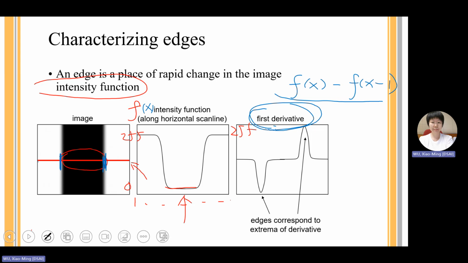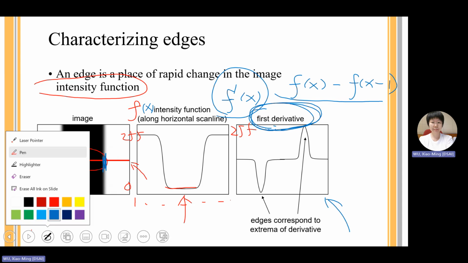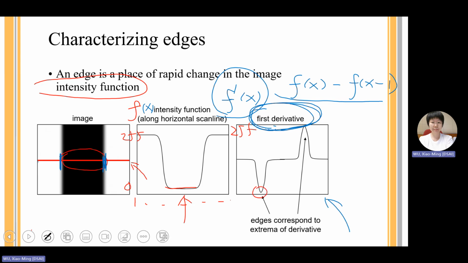Then let's look at the first derivatives. This is the graph for the derivative of f(x), and you can see there are two peaks. This is a high peak, and this is at a negative value. If we take the absolute value of the first derivative, then we have 2 peaks, one here and the other here.